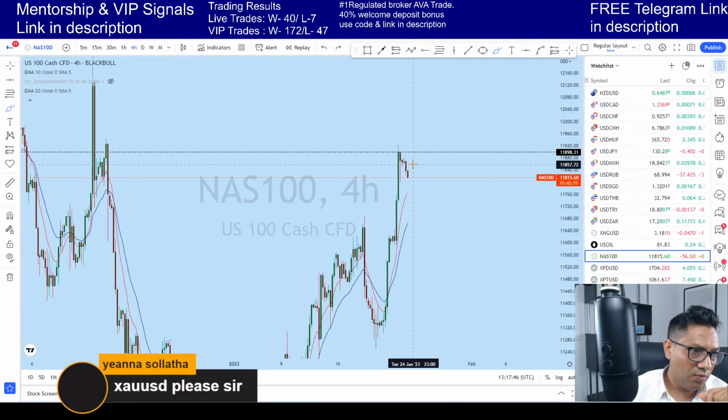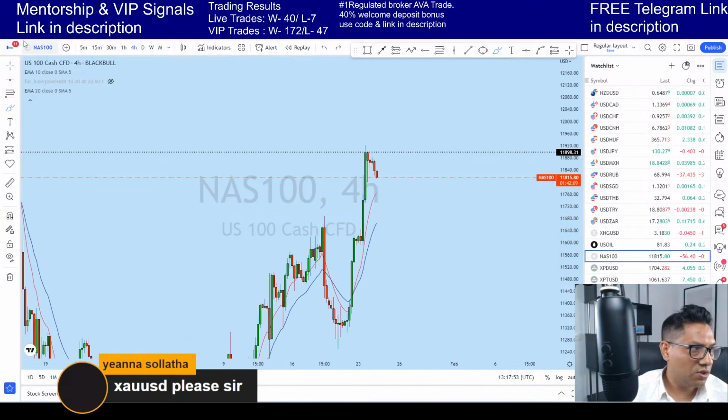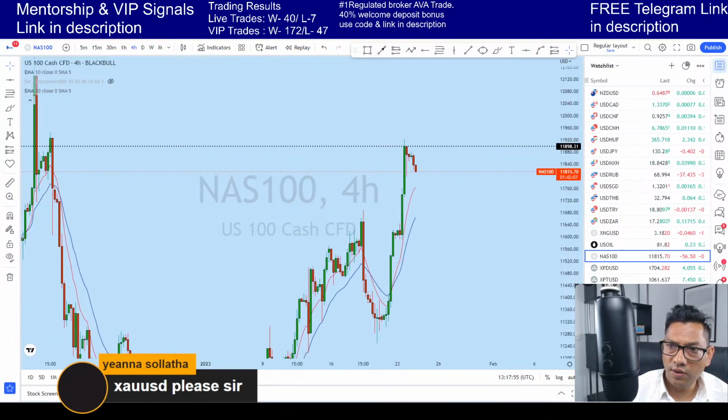When you see this kind of move, in most cases this price will reverse again. So there is a probability for this price also to drop in this direction.